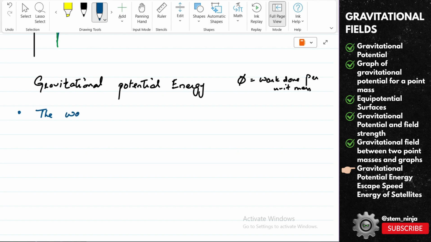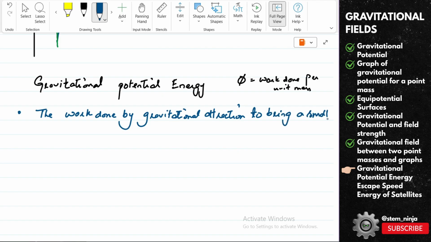The work done by gravitational attraction or gravitational force to bring a small test mass from infinity to a point closer in the field.